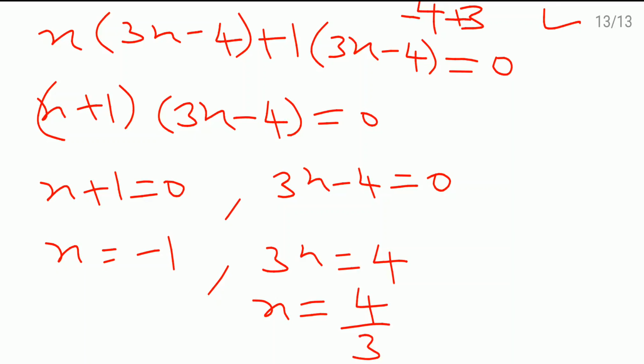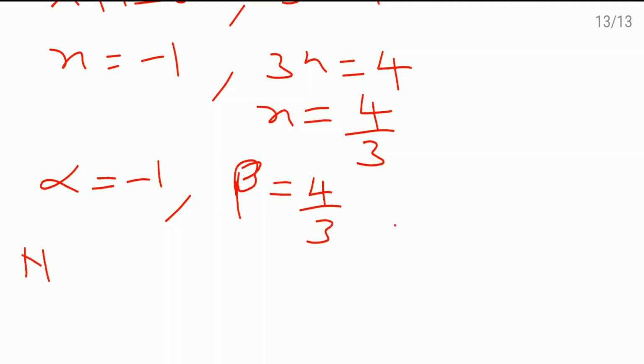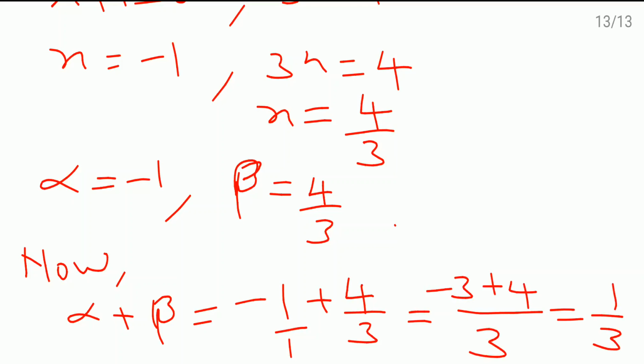Correct? So our alpha is equal to minus 1, and beta, which is equal to 4 by 3. Now we'll write down the sum of the zeros, minus 1 plus 4 by 3. We'll do the LCM, minus 3 plus 4 by 3, which comes as 1 by 3.